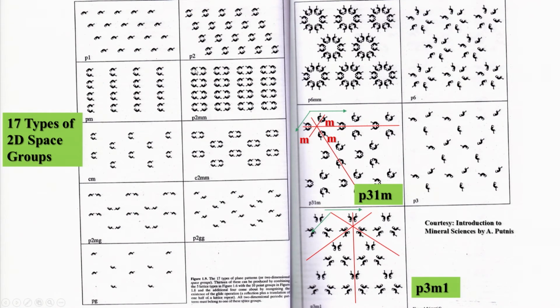This dinosaur and this dinosaur will be reflected and will develop another two dinosaurs here. The intersection of this mirror plane and this mirror plane at 90 degree will generate a two-fold axis of symmetry which will be vertical. Immediately you can relate this dinosaur with this dinosaur with a 180 degree rotation.